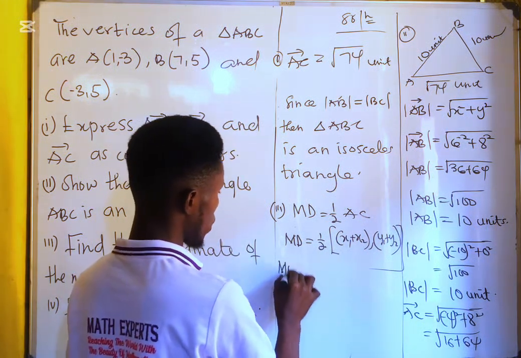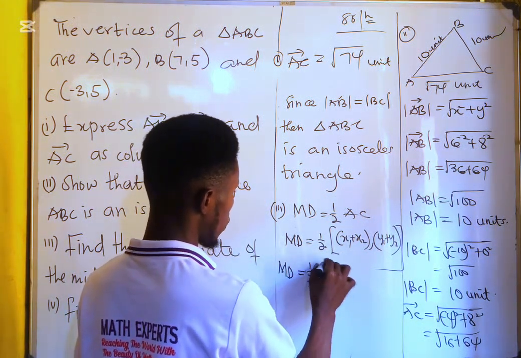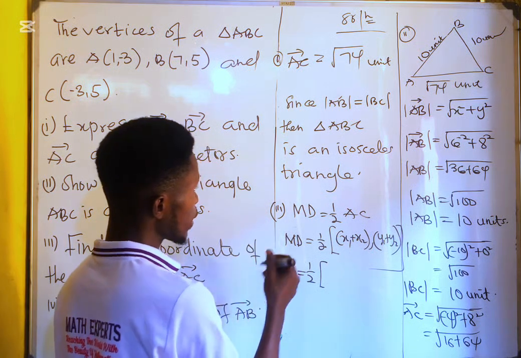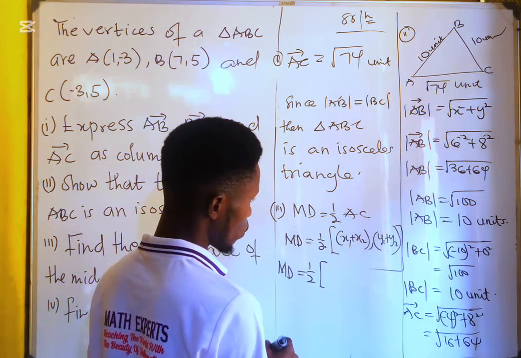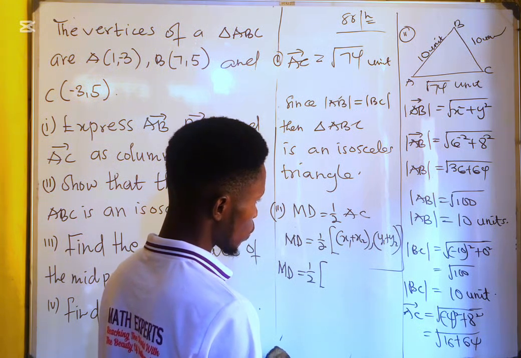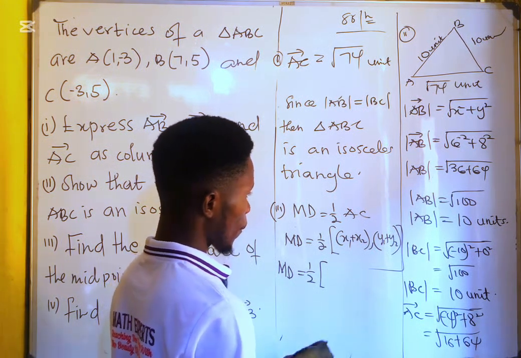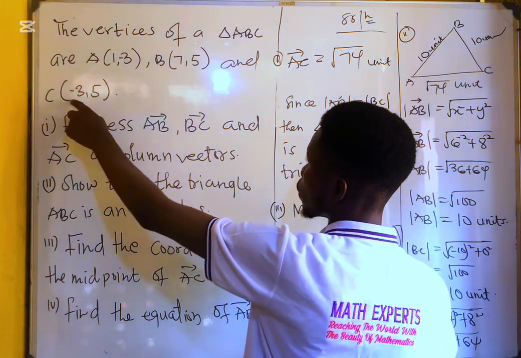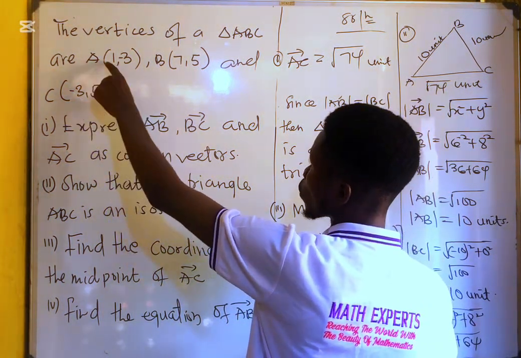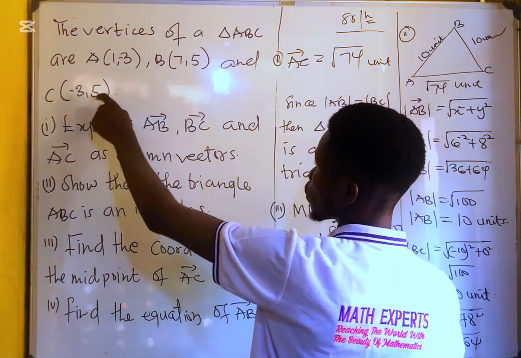When you work for AC, it was negative. Let's see A and C. This AC, okay. So we are just going to add this to this and this to that.